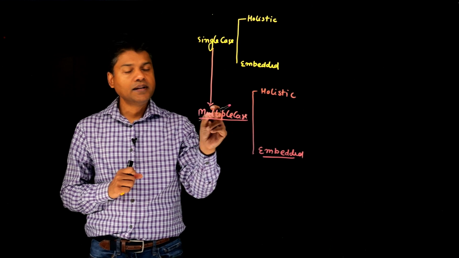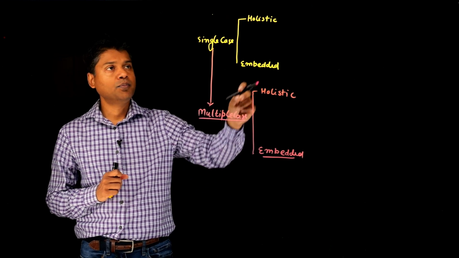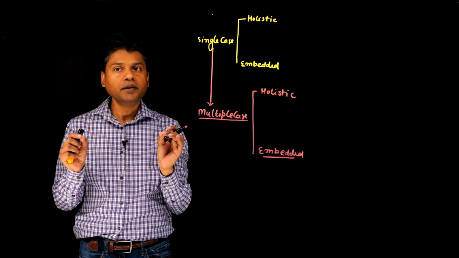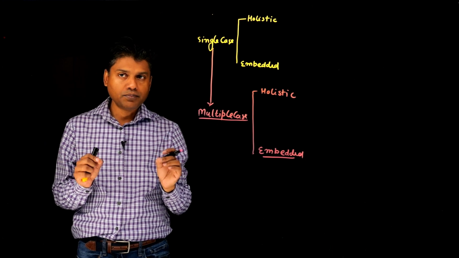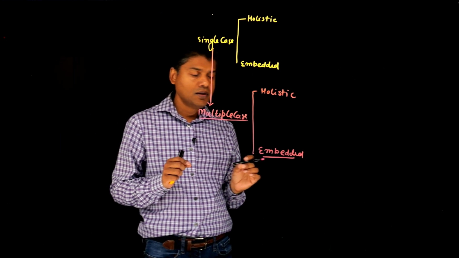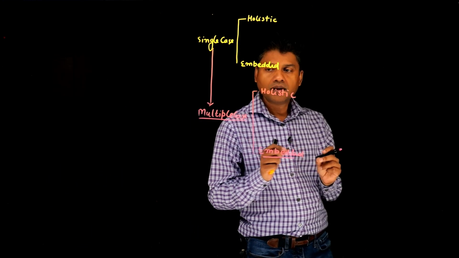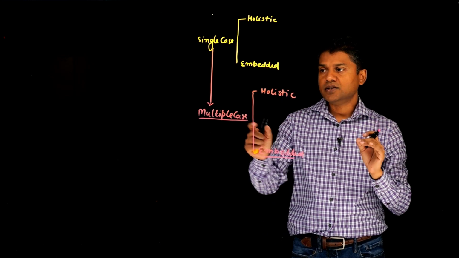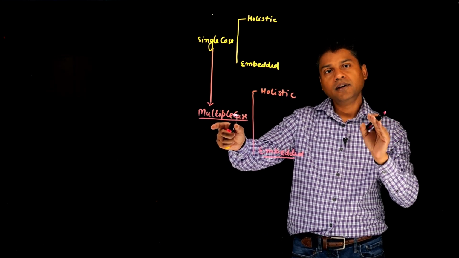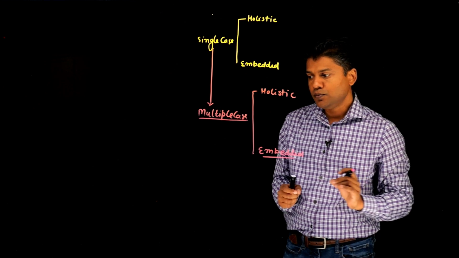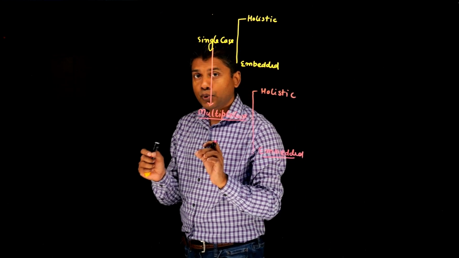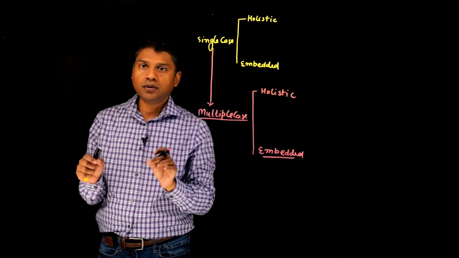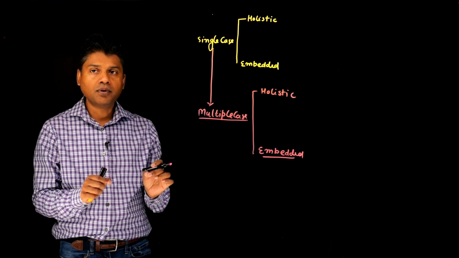So in multiple case research design, unlike the previous design where you have one case, one participant, one event, one program, so you are dealing with a single case, here you will have multiple cases. So it could be multiple programs, multiple people, multiple events.